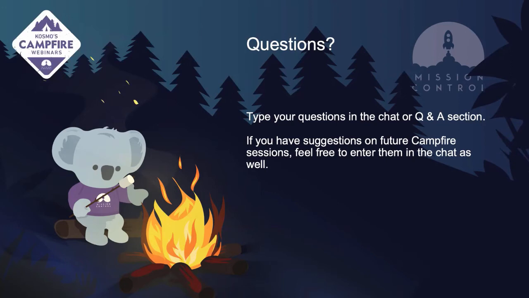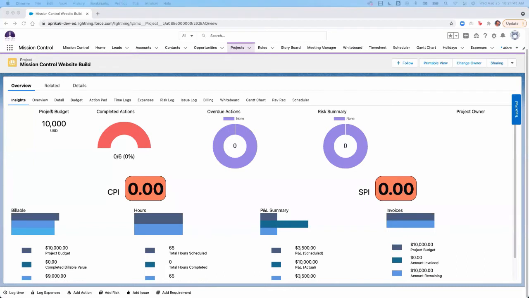Okay, we have one question. Actions can be reordered in the Gantt chart, but the reorder is not reflected in the overview. How can actions be sort ordered in the overview? So I'm going to go back to the screen here.